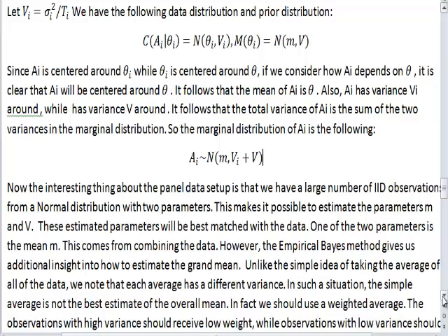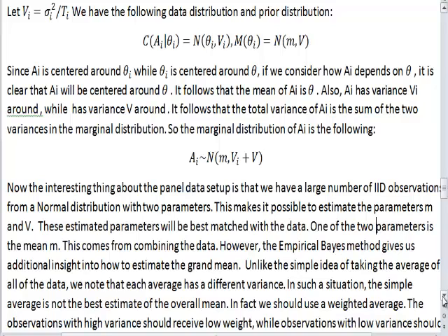It says that, yes, let's pool all the data, but instead of pooling it with equal weights, we should give more weight to the data which is more precise and less weight to the data which is less precise. So if different countries have different variances, some of them have less data, some of them have more data, you should give more weight to the country which has more data. And that's exactly what the empirical Bayes method does. So it chooses a sensible way of estimating the mean, and I will also explain the way of estimating the variance.